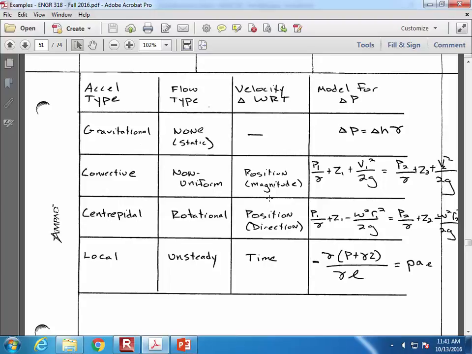All right. So what about if we have local acceleration? Local acceleration is associated with what type of flow? Steady, unsteady, uniform, non-uniform. Which of those describes the case when you do have local acceleration?